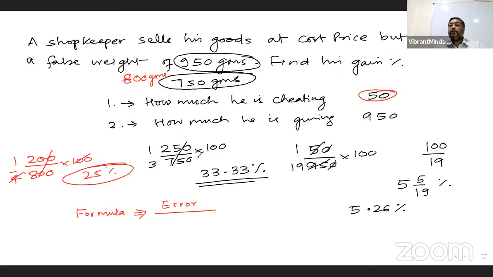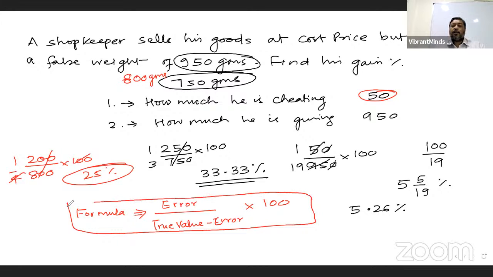Error of 50 grams. So what is my true value? True value is 1000 grams. 1000 grams minus error, multiplied by 100. So again, this formula is quite difficult to learn. So that's what I gave you.